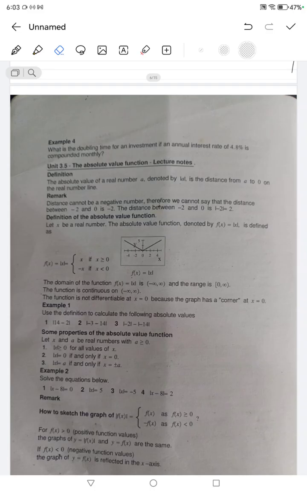Okay, so with the absolute values, sometimes I find this chapter a bit tricky to teach, but for me it's just straightforward. So let's say here they've given you an absolute value.